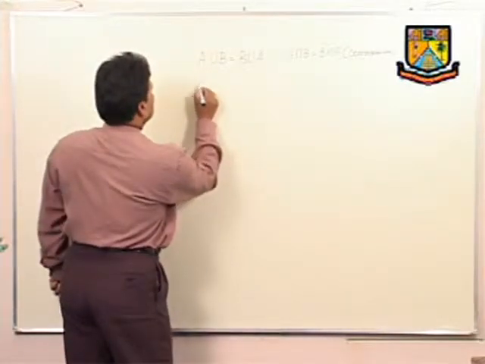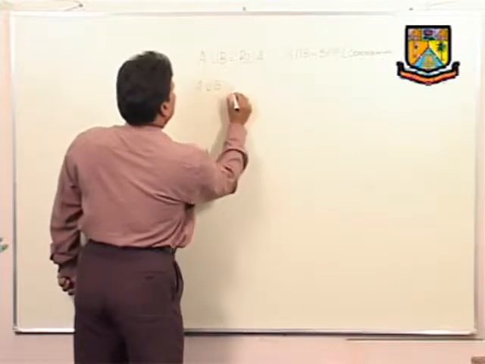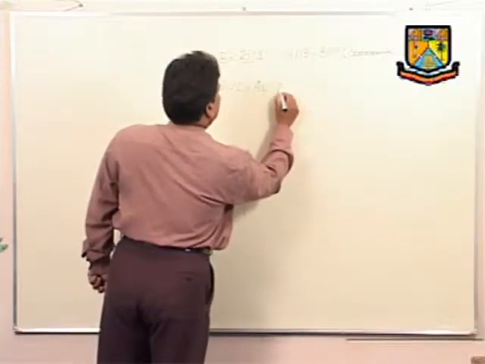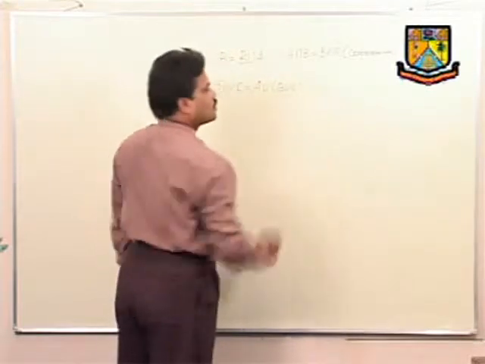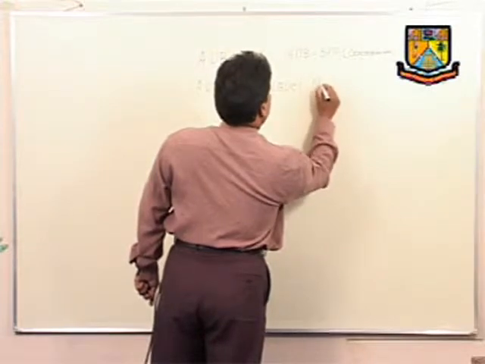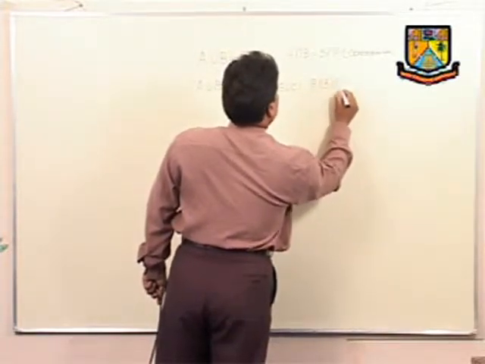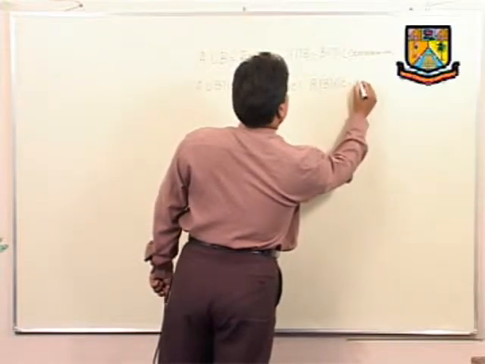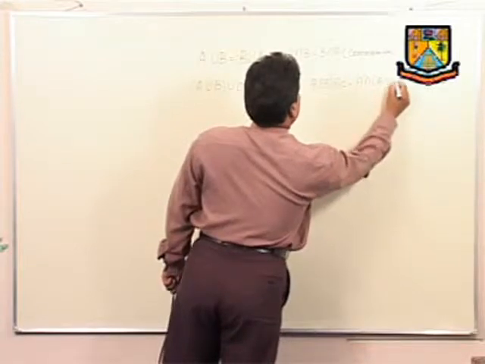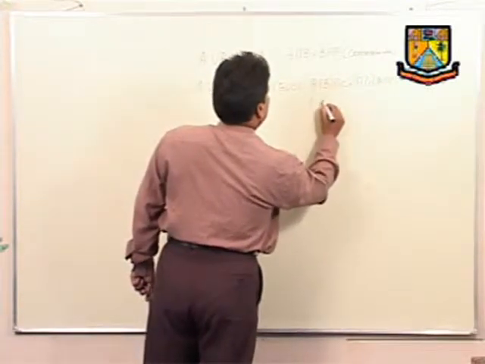Next one is associative. A union B union C equals A union B union C. Similarly, for intersection, A intersection B intersection C equals A intersection B intersection C. It is associative property.